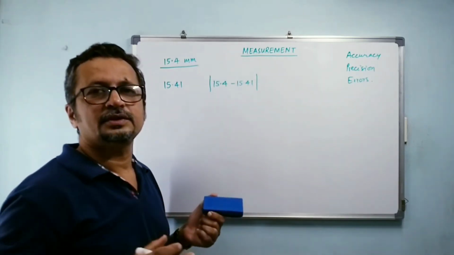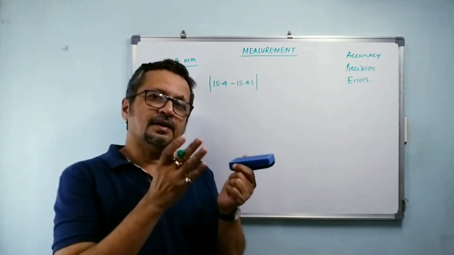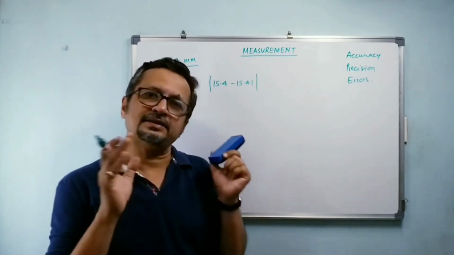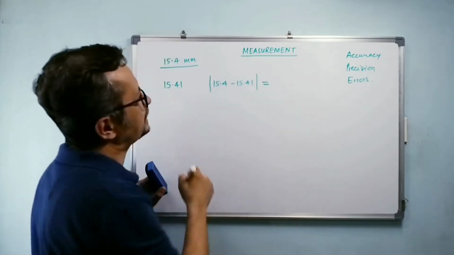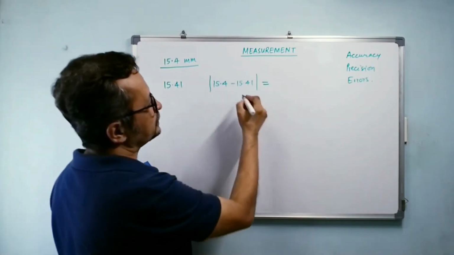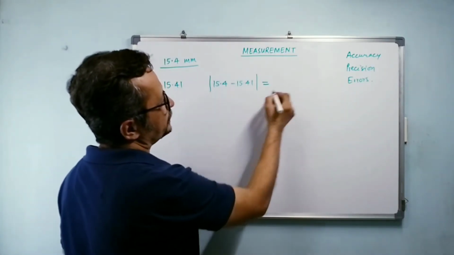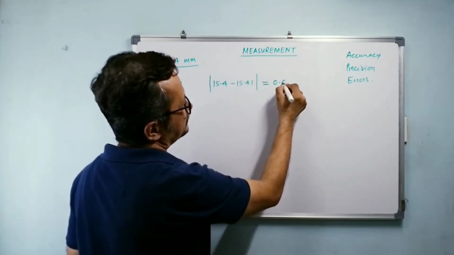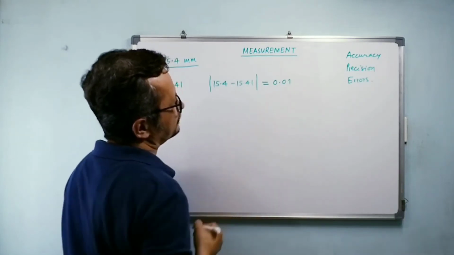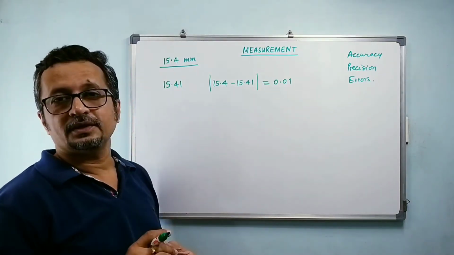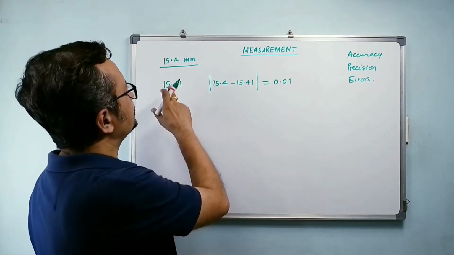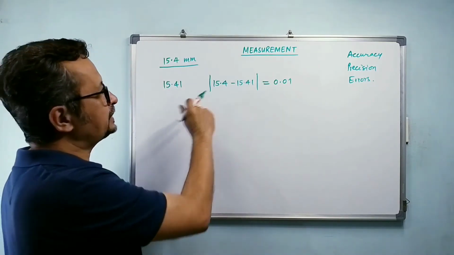What is modulus? I'm taking whether it is positive or negative, I'll just take the positive value of that. So the mod of that would be 15.41 minus 15.4, which is 0.01. Correct? So 0.01 is the difference between my true value and the measured value.